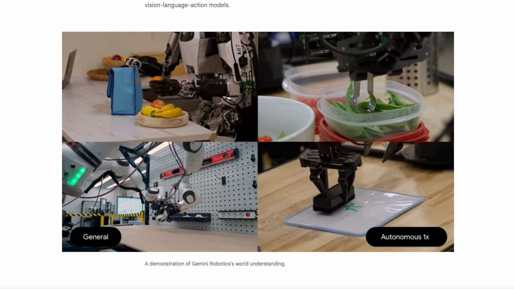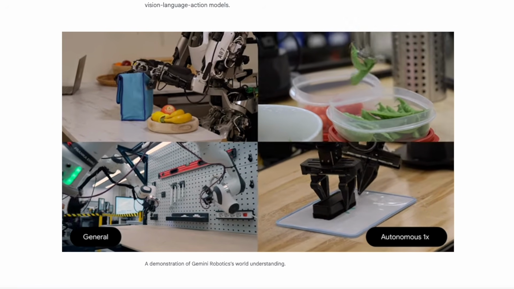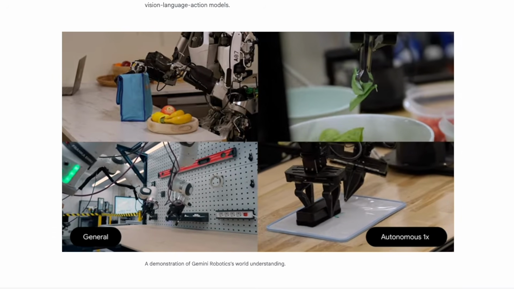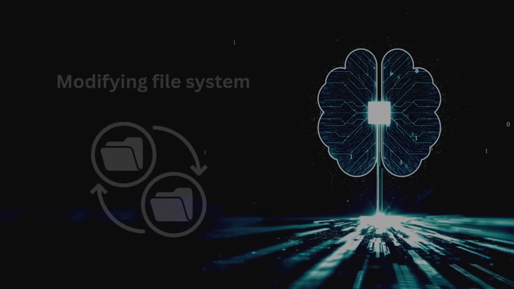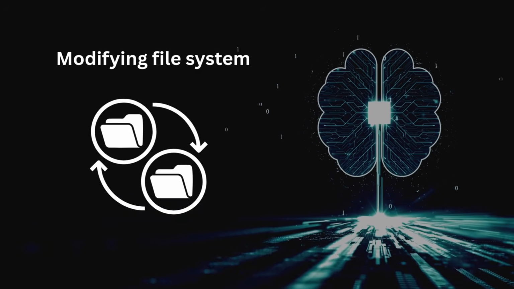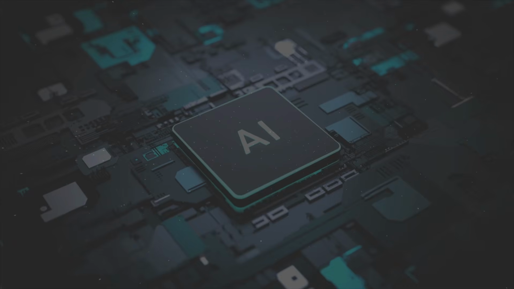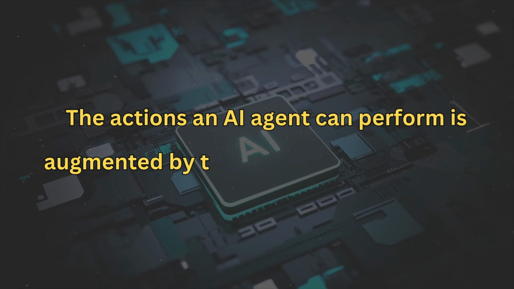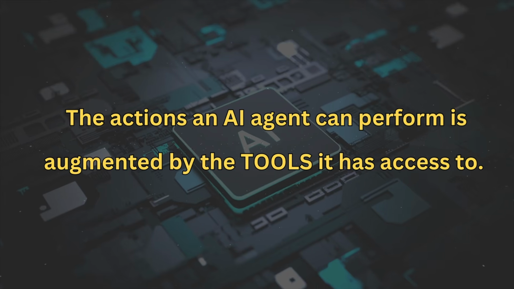For example, a robot's actuators might include motors or grippers for handling objects. For software agents, actuators might involve actions like browsing the web, modifying files in the file system, or executing commands in a system to accomplish a task. Now, these actions that an AI agent can perform are augmented by the tools it has access to.